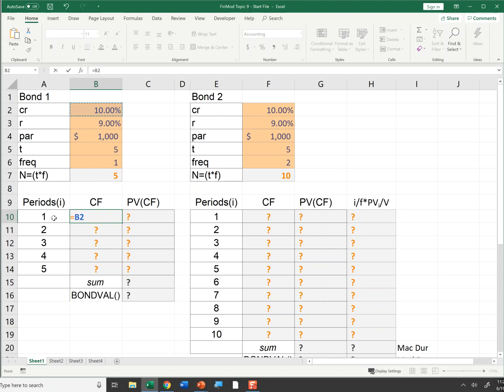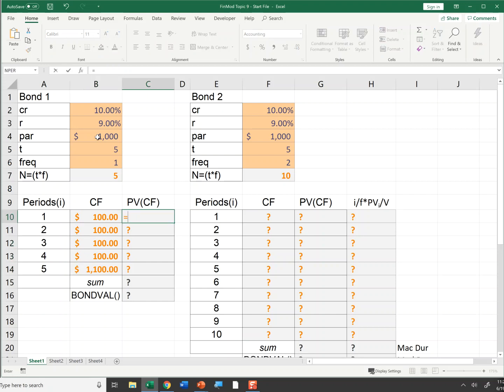So we'll take our annual coupon rate, I'm going to anchor that, times our par, I'm going to anchor that. So this bond makes a payment of $100 every year. And at maturity, it's going to take that coupon and add the par. So this bond makes 5 payments of $100 and 1 payment of $1,000.